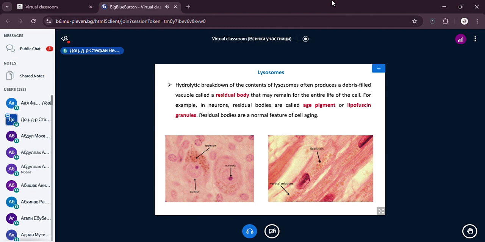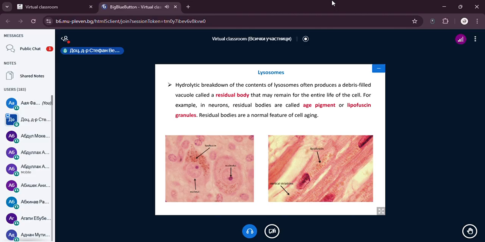And then in these cells, gradually more and more lysosomes with exhausted enzymatic activity, and still some material for degradation present in them, start to accumulate.